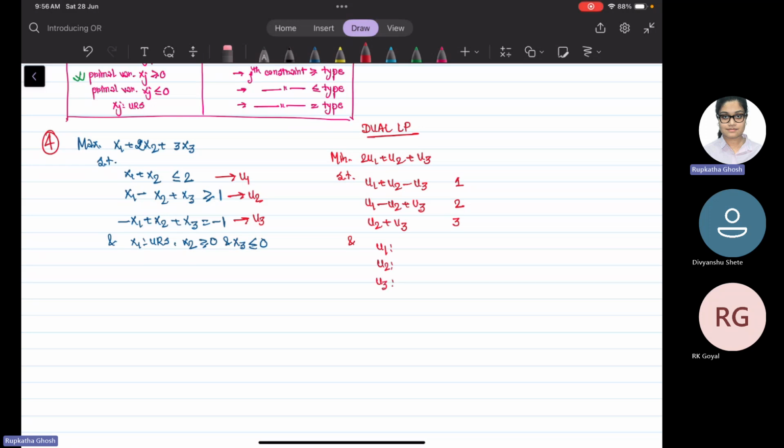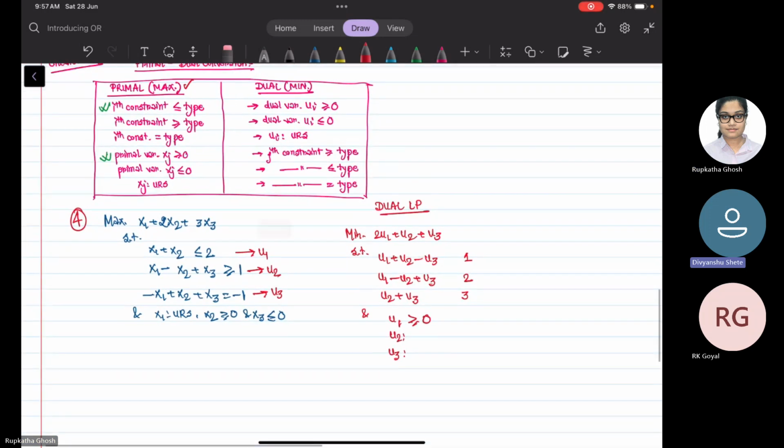So first thing first, my first constraint is a less than equal to type, so the corresponding dual variable would be greater than equal to 0. So u1 is greater than equal to 0. Divyanshu asked me to repeat, because he was confused about how we are defining the signs for each one.